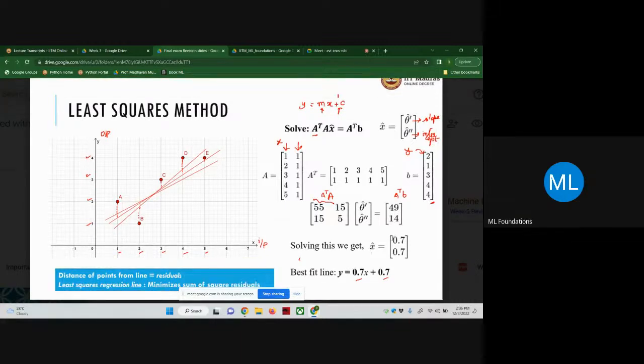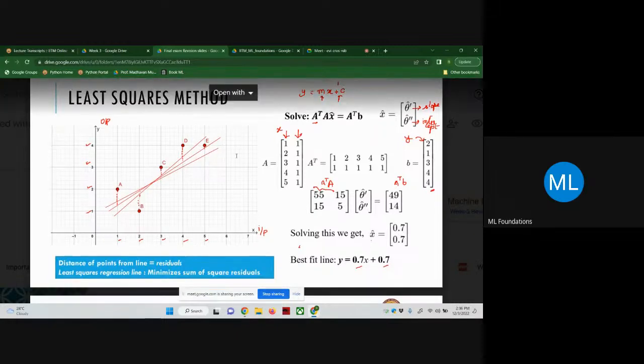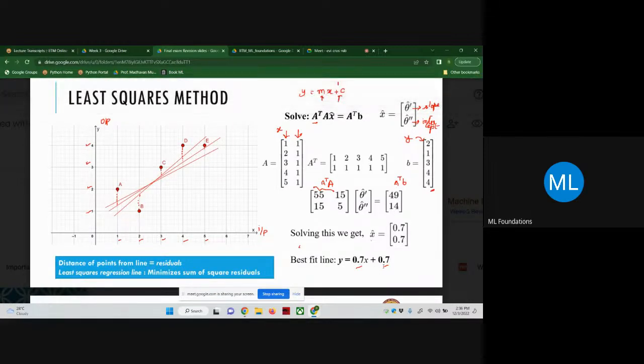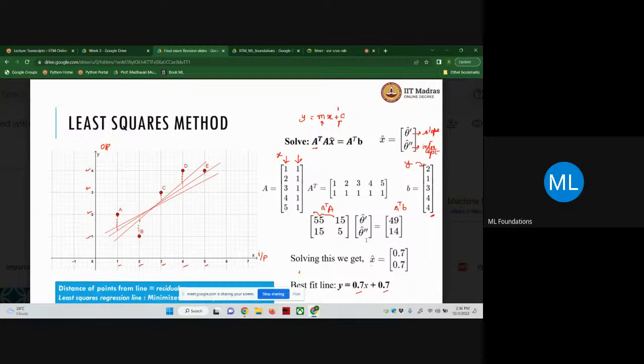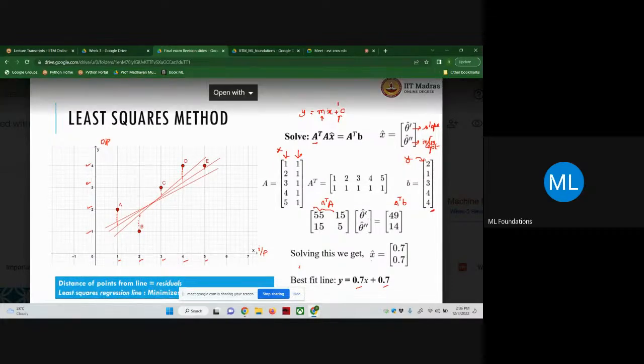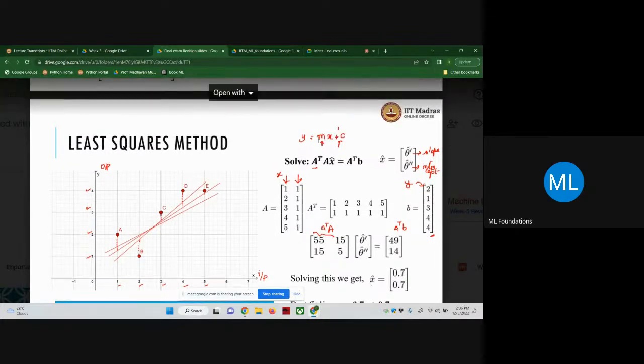By solving, we got theta 1 as 0.7 and theta 2 also as 0.7, which gives the solution y equals 0.7x plus 0.7. The ultimate values, theta 1 and theta 2, give you the constants m and c.